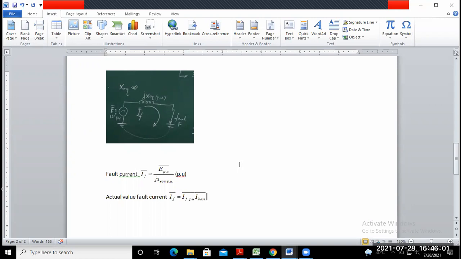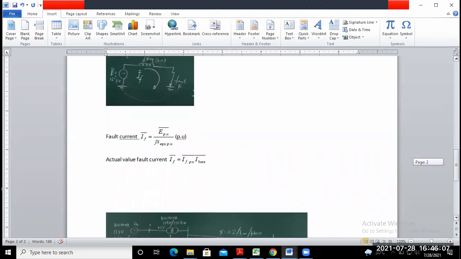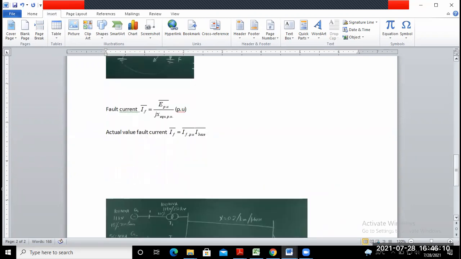Have you remembered how we can represent the complex power? Complex power is represented by S equal to √3 into V_L I_L, line voltage into line current.